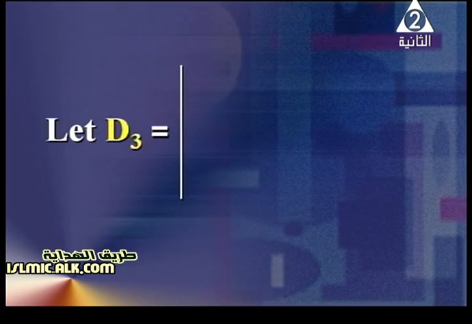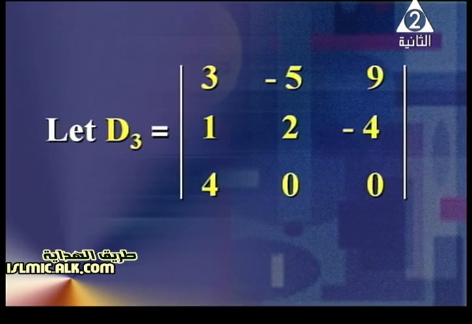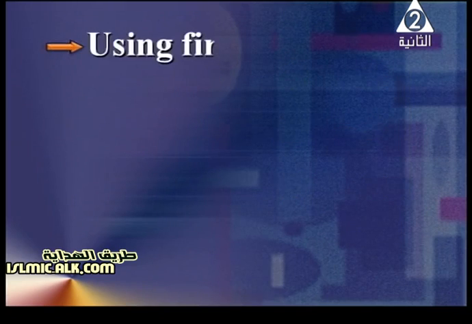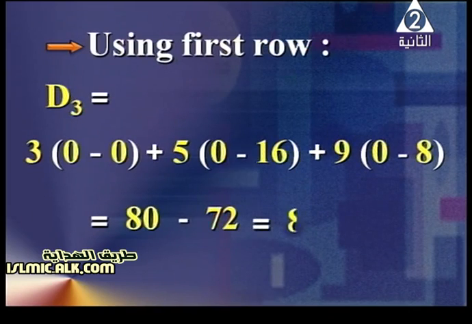Let D3 be the determinant with 3 columns and 3 rows: 3, negative 5, 9; 1, 2, negative 4; 4, 0, 0. Using the first row, the determinant is 3 multiplied by 0 minus 0, plus 5 multiplied by 0 minus negative 16, plus 9 multiplied by 0 minus 8. The answer is 80 minus 72 equals 8.